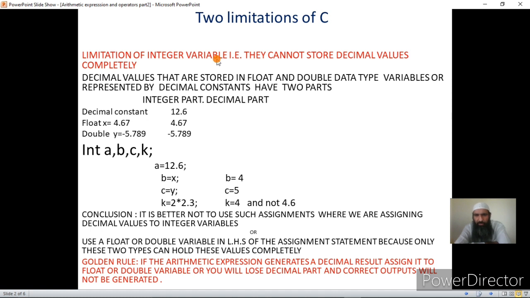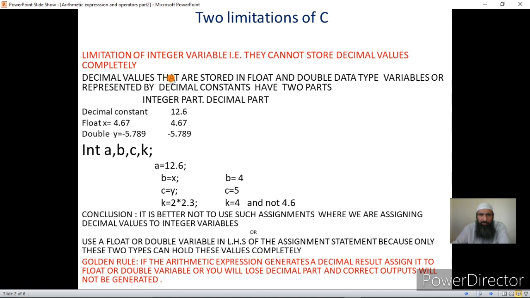Only these two types of variables can store decimal values. Integer is not designed in a way that it can hold a decimal number. Let us see what I mean by that.